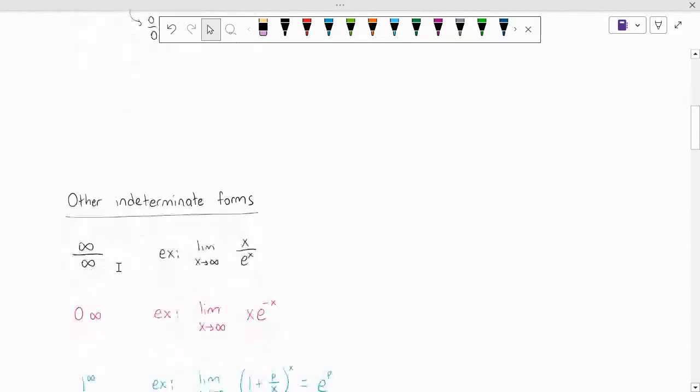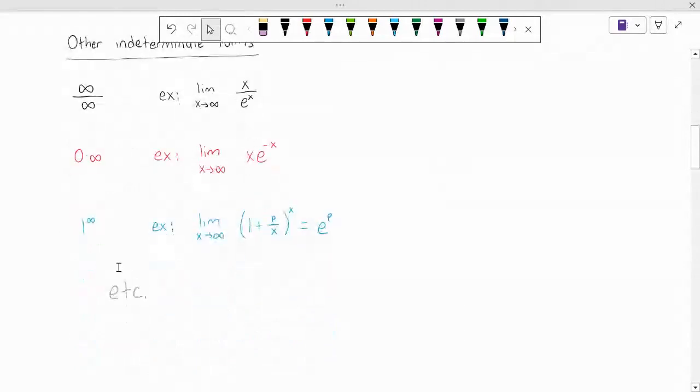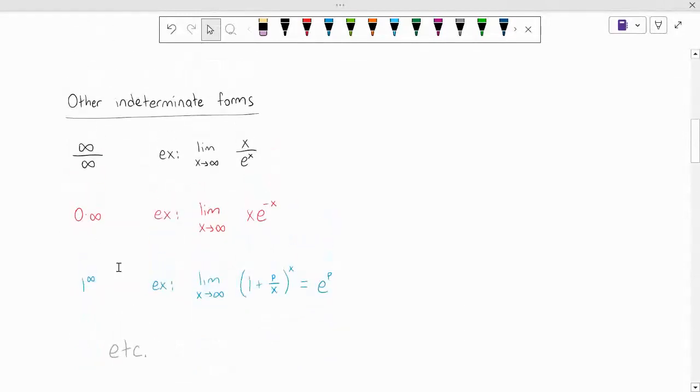And 0 over 0 is not the only indeterminate form. So here I've given just a couple other examples of indeterminate forms. Okay. We're not really going to study most of these other indeterminate forms, but I just wanted you guys to be aware that there are other indeterminate forms aside from 0 over 0.